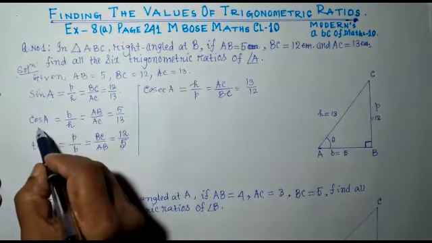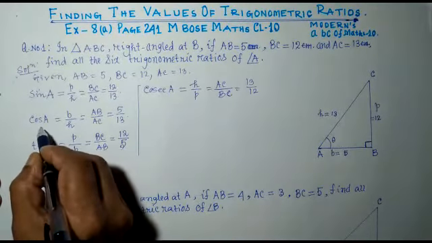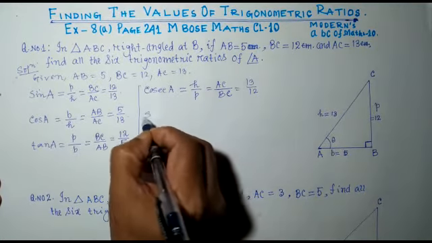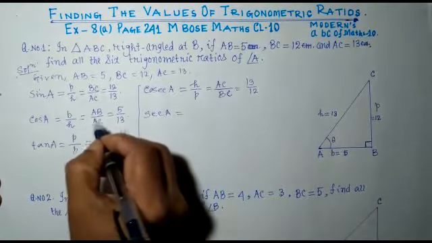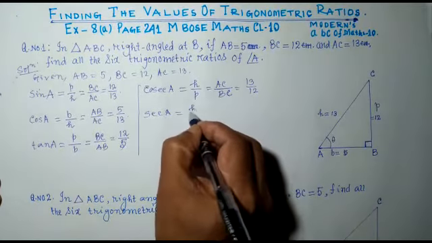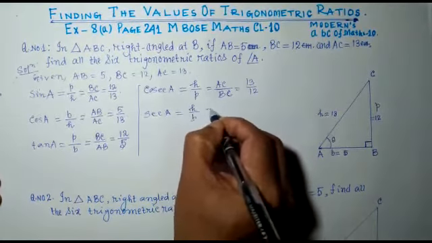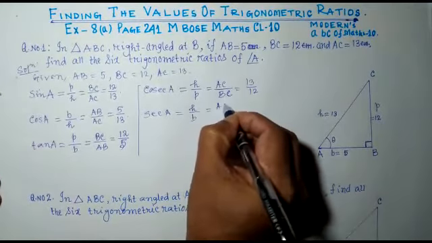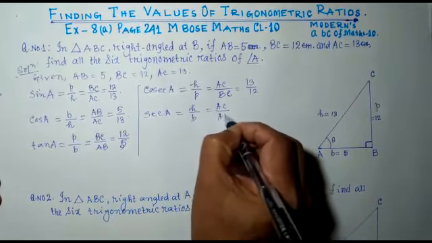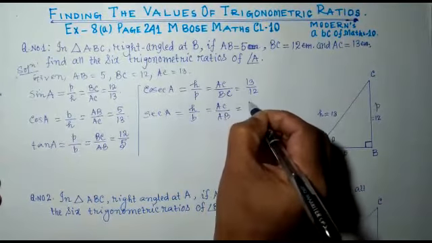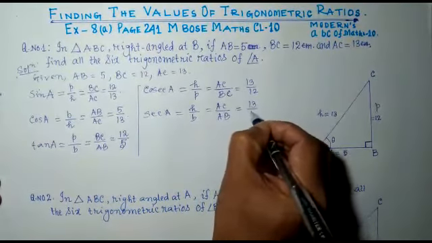And then the opposite or reciprocal of cos is sec A. Just make it opposite here. Hypotenuse up, base down, AC is up, AB is down, then 13 up and 5 down.